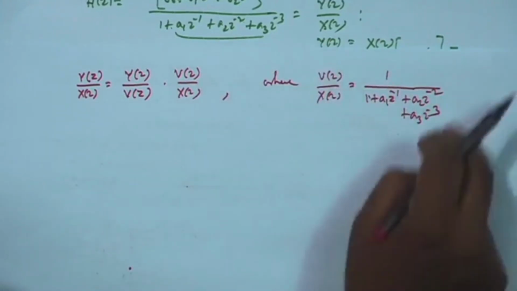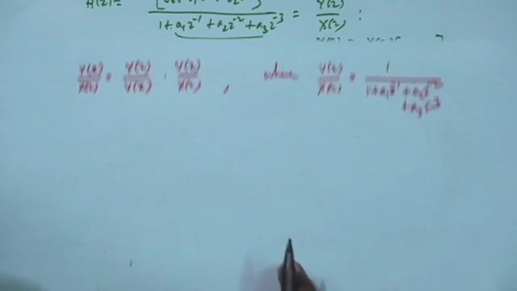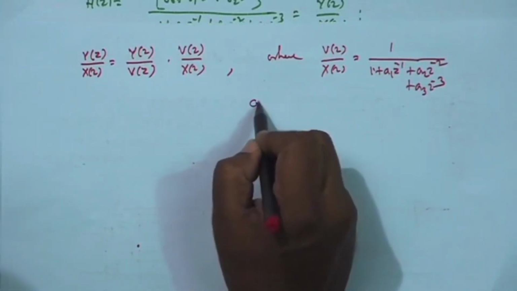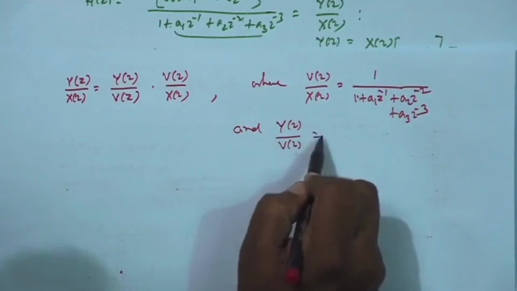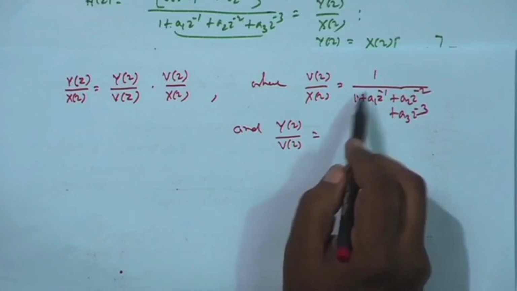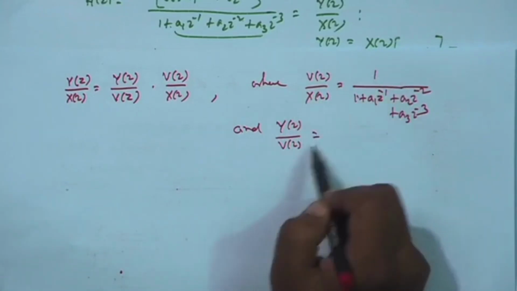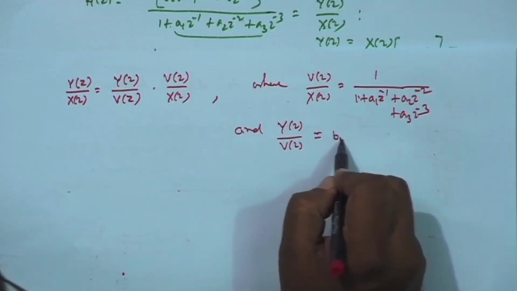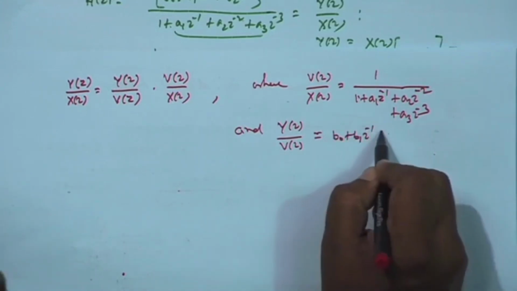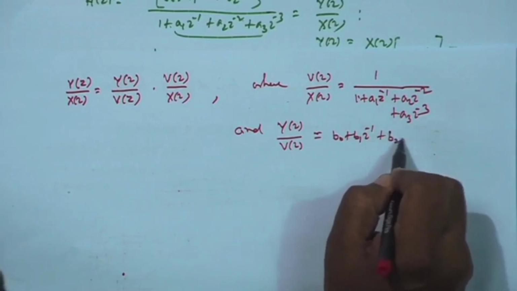So, now if I realize this, I will be handling poles only. And the other one, Y(z) by V(z), that will be the numerator, the zeros. So, this will be pole first, then zeros, that is interchanging the two there. So, this is equal to B0 plus B1 Z inverse plus B2 Z inverse 2.